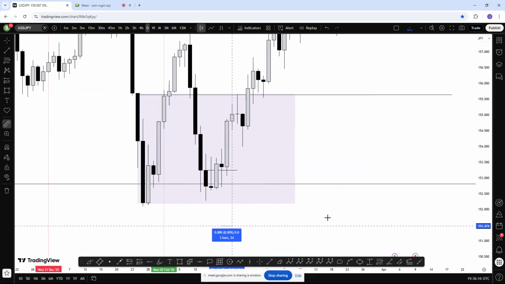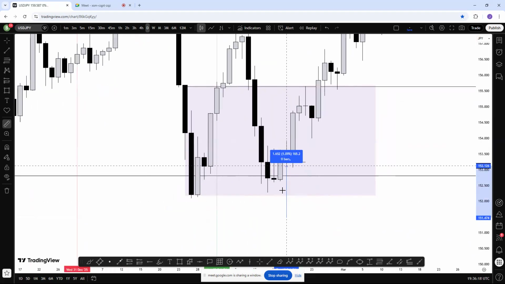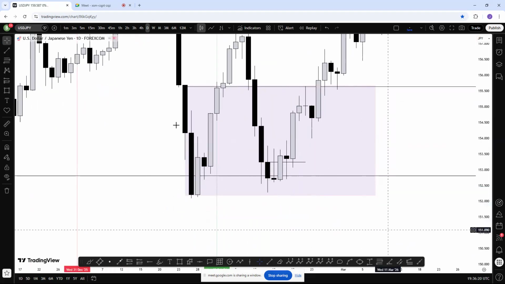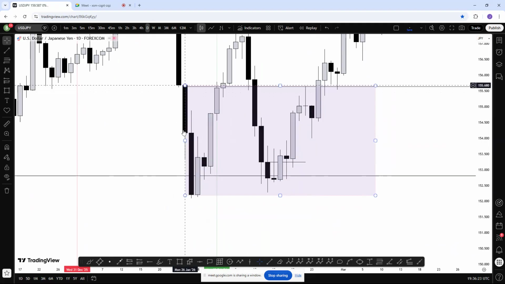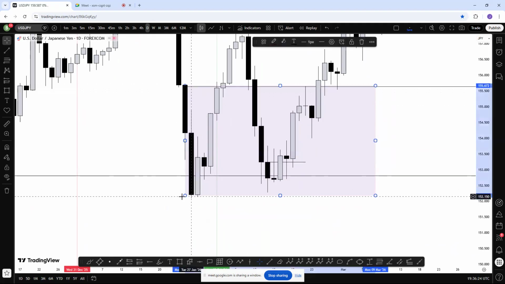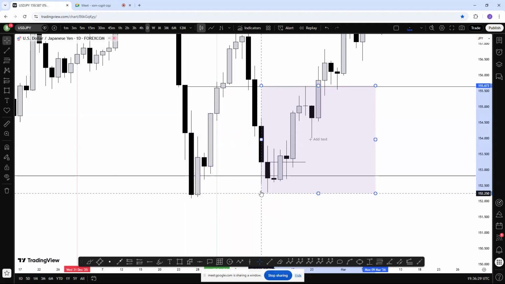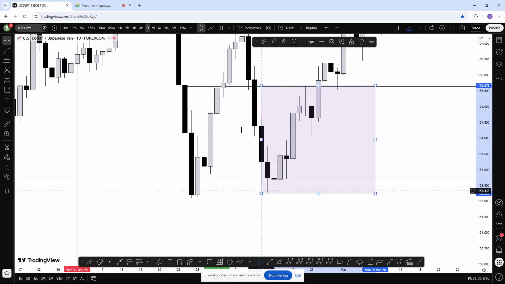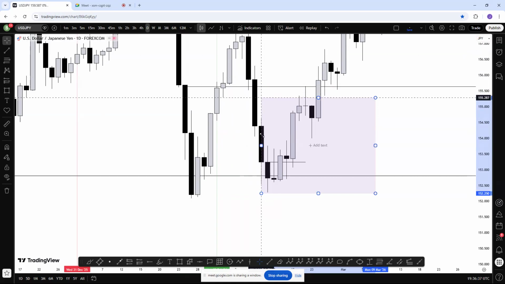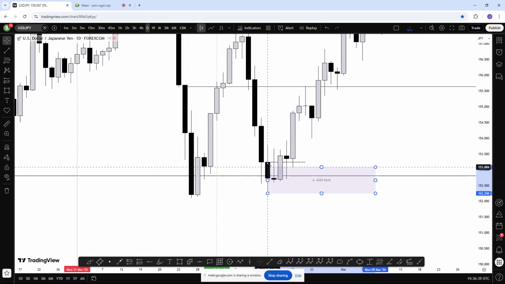Can you see it? This is your order block. So after seeing the order block, if you want to do refinement, you can refine your zone. If you want to find a good zone, you can do something like this.